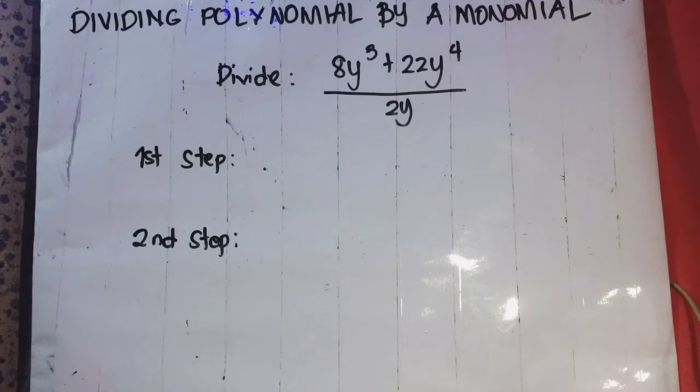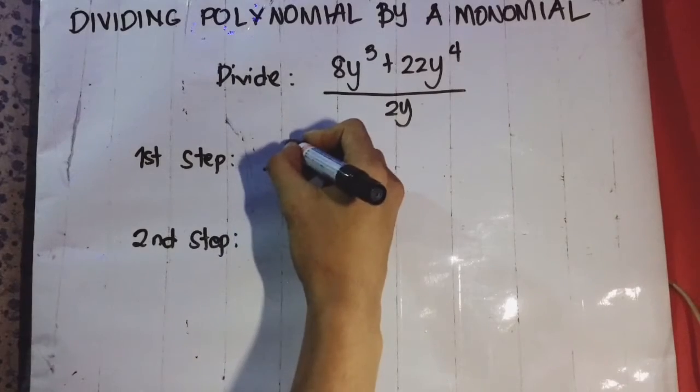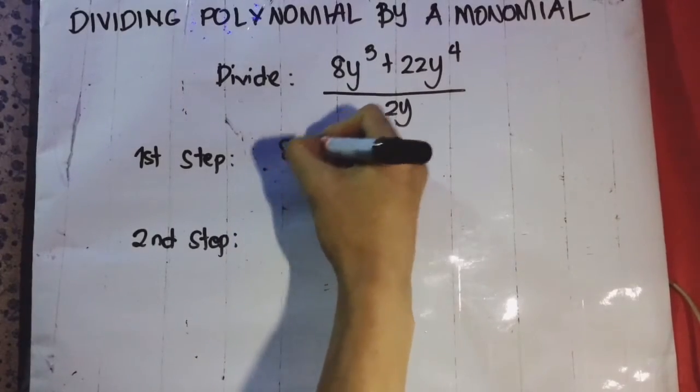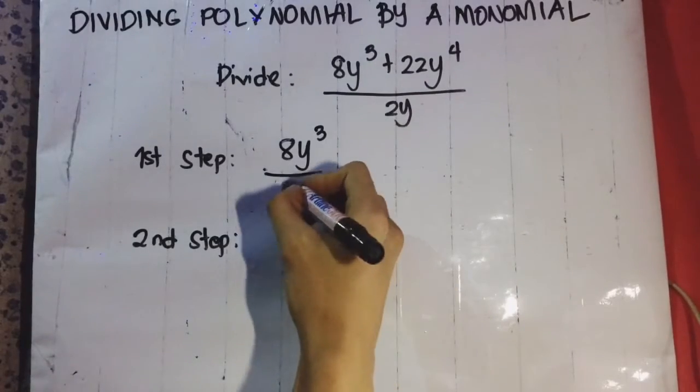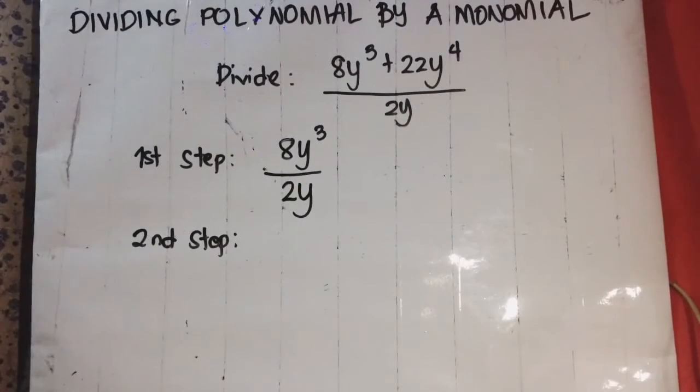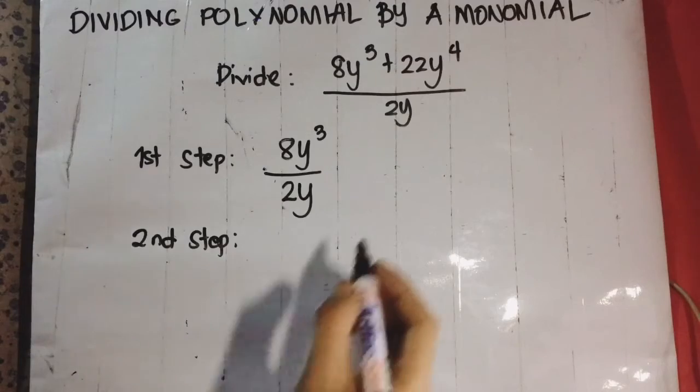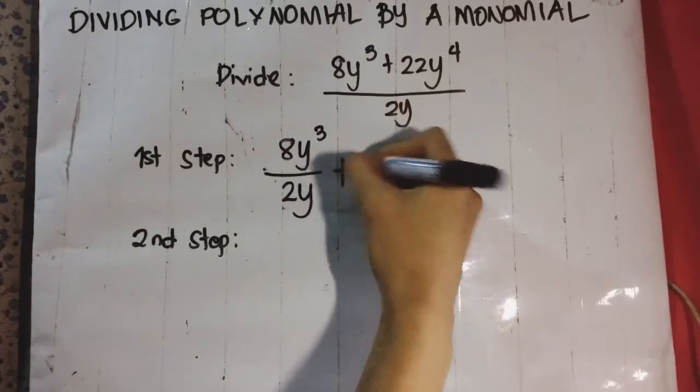So first step, if you are dividing by a monomial, you can split the problem into pieces by putting each term in the numerator over the denominator. So that becomes your numerator 8y to the power of 3 over your denominator 2y, separated by the addition sign.